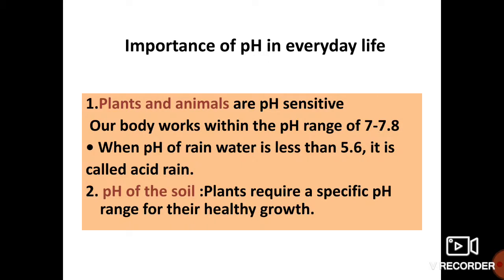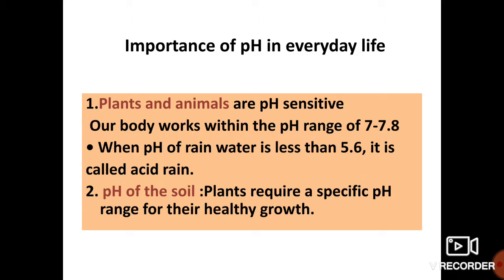Importance of pH in everyday life. Plants and animals are pH sensitive. Our body works within the pH range of 7 to 7.8. When pH of rainwater is less than 5.6, it is called acid rain.